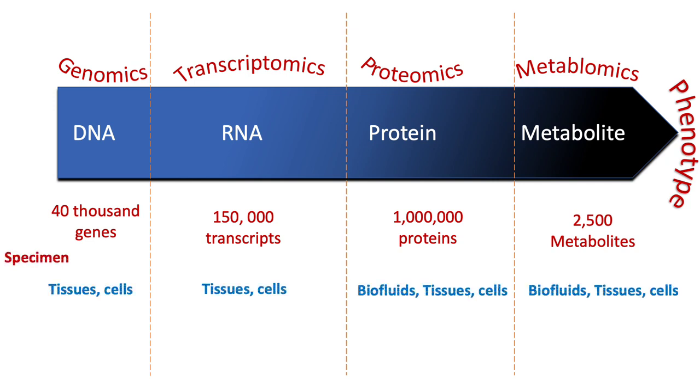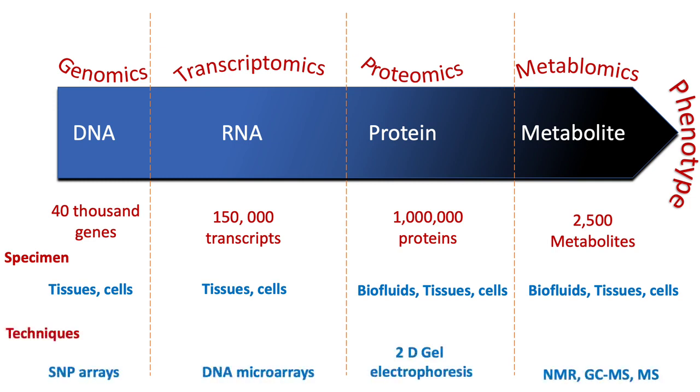Now these are the specimens from where the DNA, RNA, proteins, and metabolites can be extracted. For example, DNA and RNA can be extracted from certain kinds of tissues and cells, but proteins and metabolites can also be extracted from biofluids besides tissues and cells. And these are the techniques generally used to deal with all these omics.